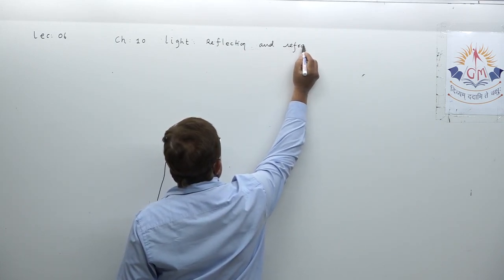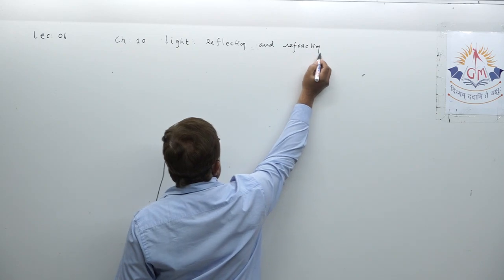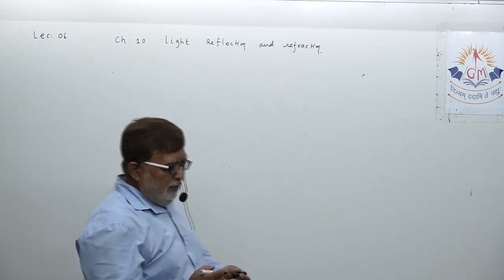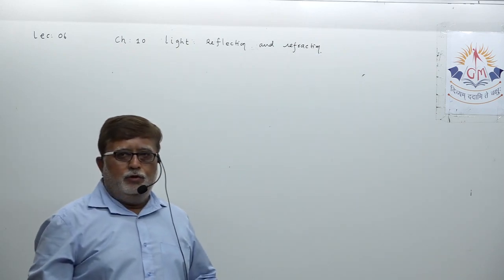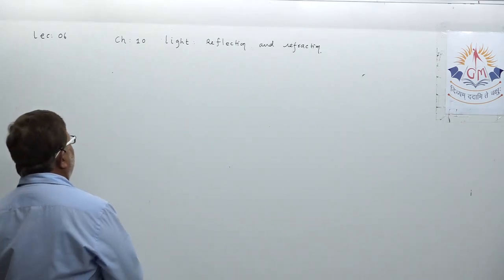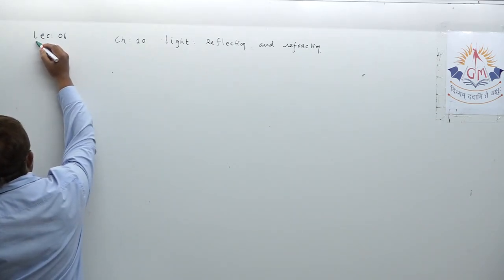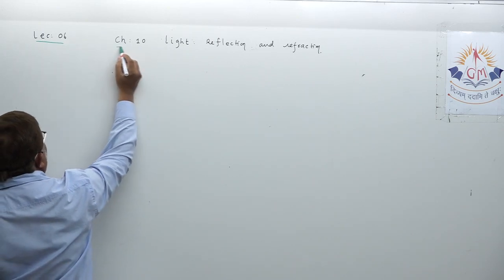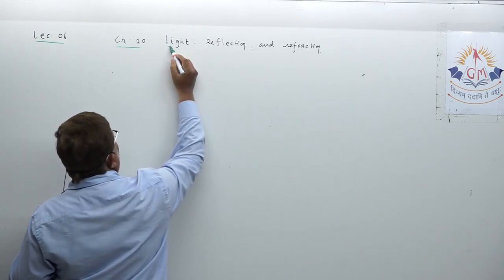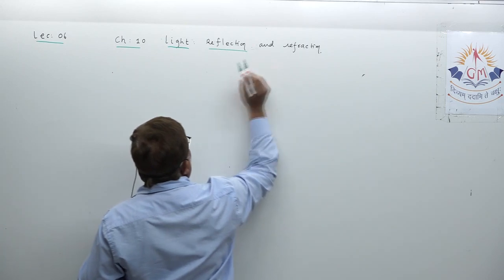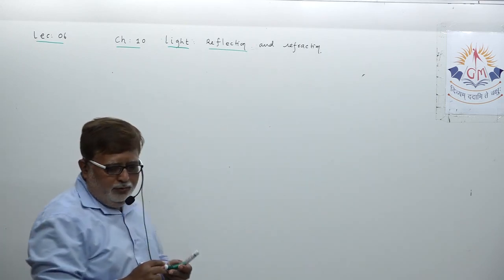We haven't yet touched the topic of refraction. Still we are continuing with the topic of reflection of light. And in today's lecture, our target is to solve numericals based on convex mirror.